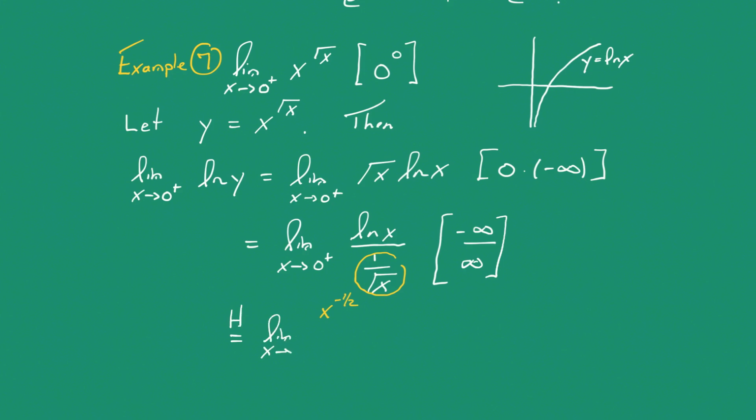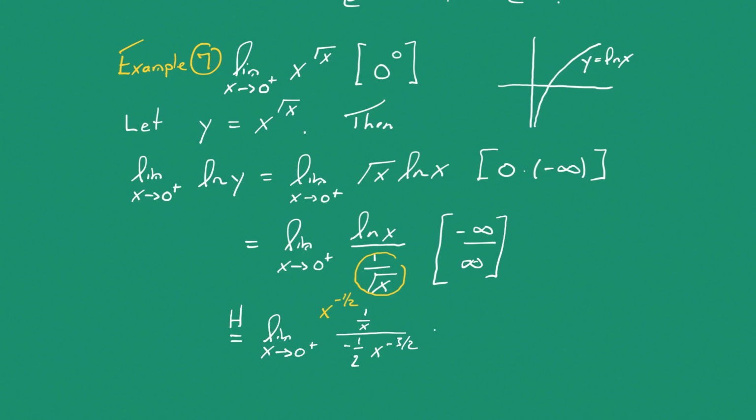This is the limit as x tends to 0 from the right of differentiating the numerator. We have 1 over x, and differentiating the denominator, well, I'm differentiating x to the minus 1/2. That's minus 1/2 x to the minus 3/2. In fact, we evaluated this limit earlier. It was example 5 in the last video, but I'll just quickly repeat this argument.